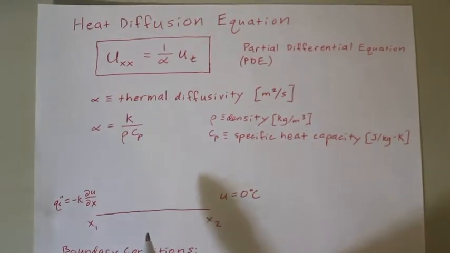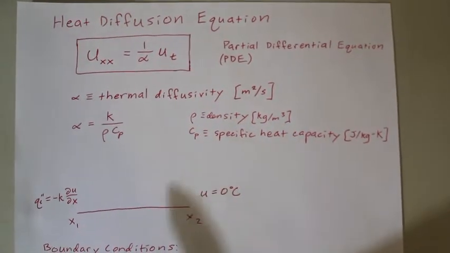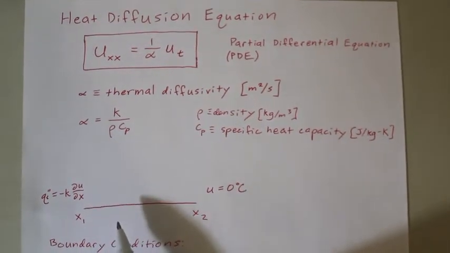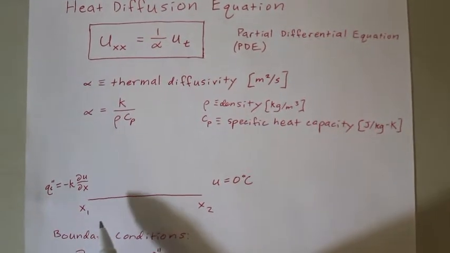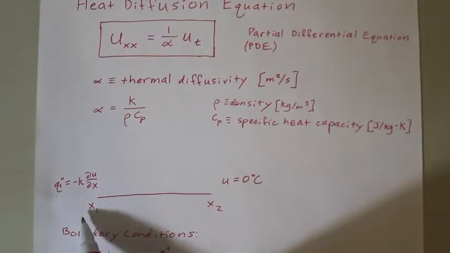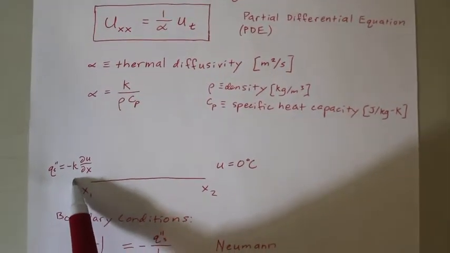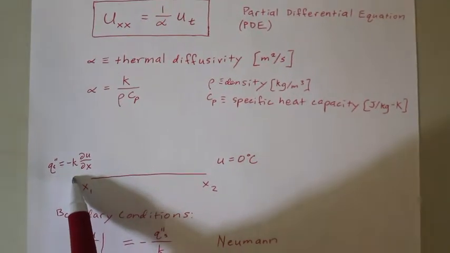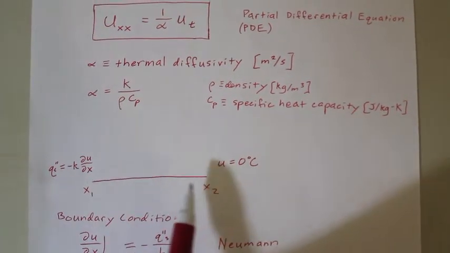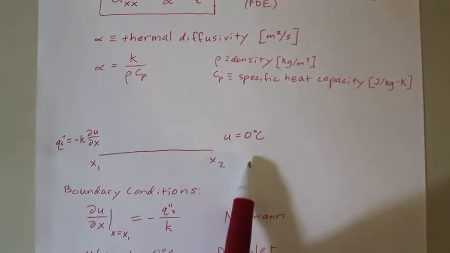Now, because this problem is a partial differential equation in x and t, to solve this numerically we need boundary conditions for the x components. So I have one boundary where I have a known constant heat flux from that power resistor, and at the other end we have the constant temperature of 0 degrees C being in the ice bath.